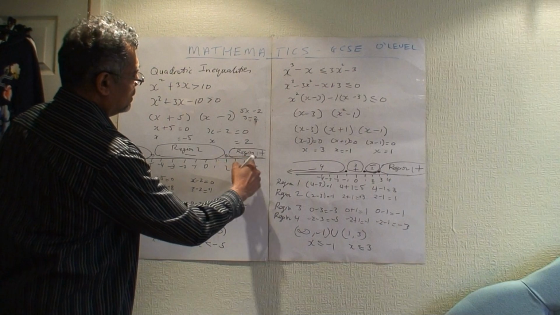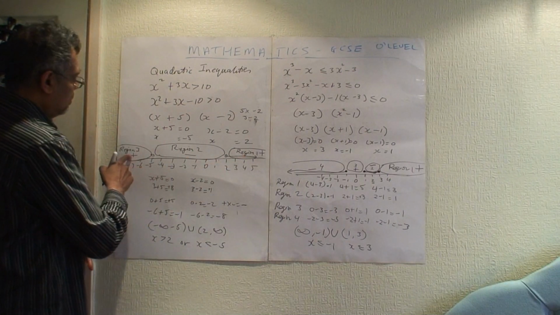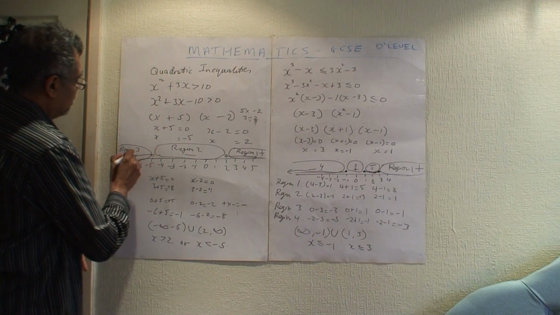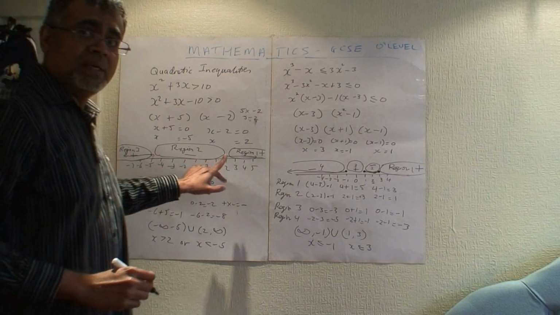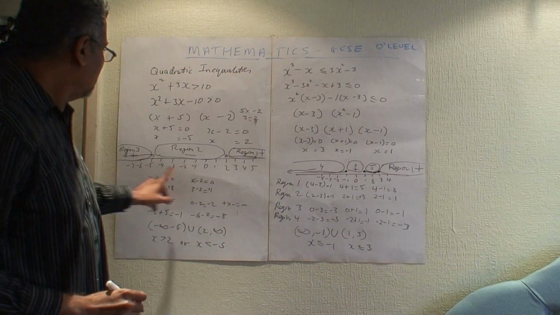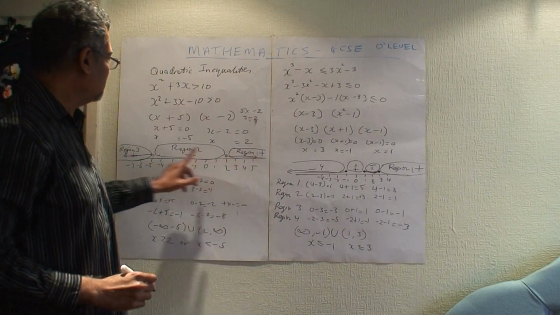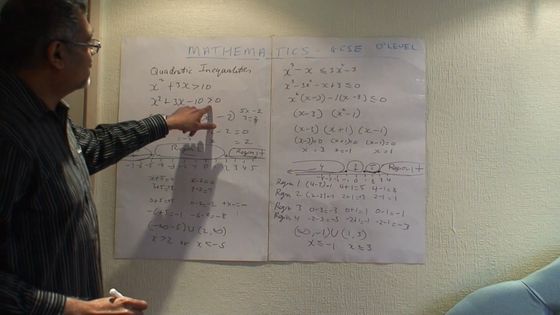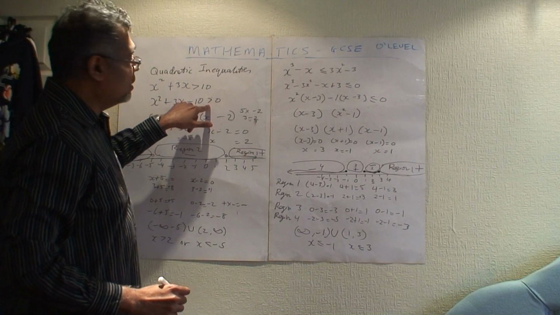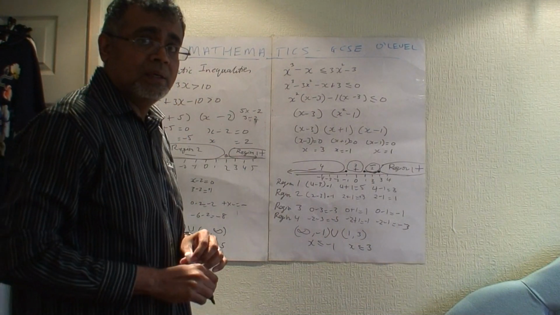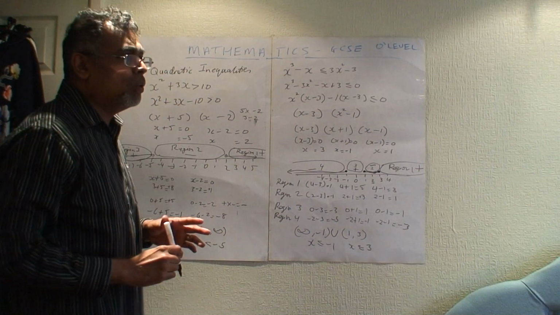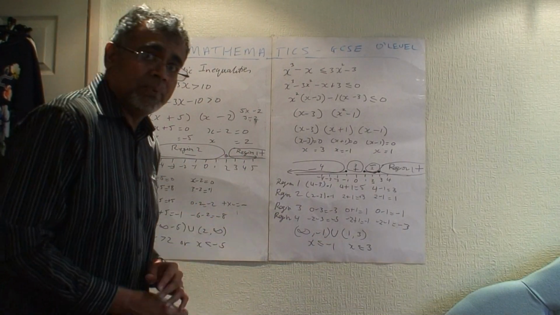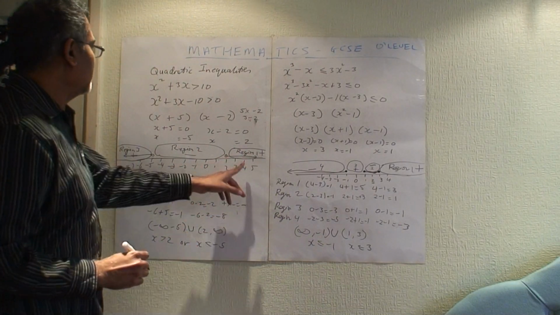This also says it's positive, so we put the arrow in that direction. This is something that I didn't do. We put the arrows in this direction because it is saying that it is greater than 0, and all the values that are greater than 0 are the positive values.